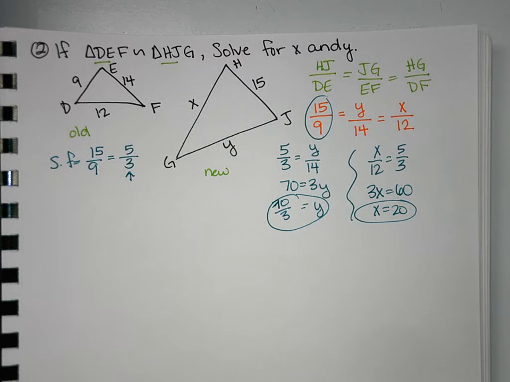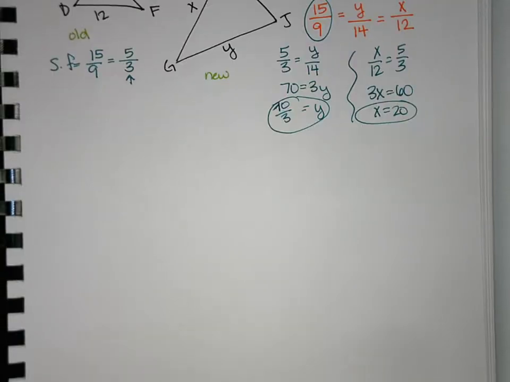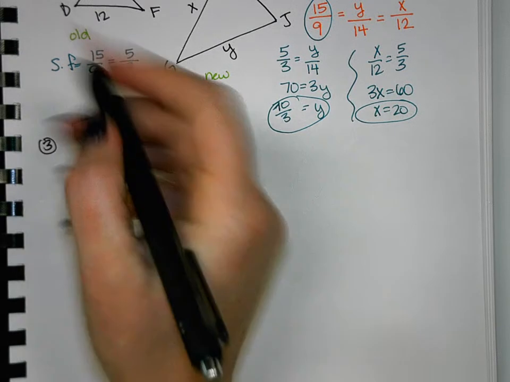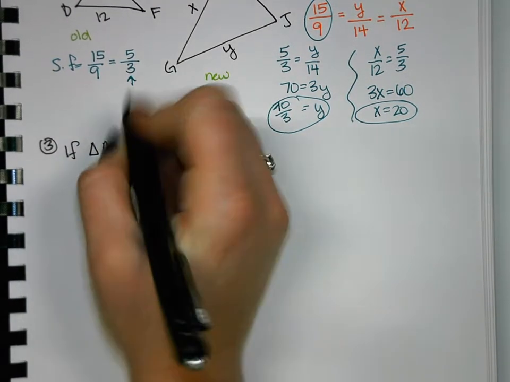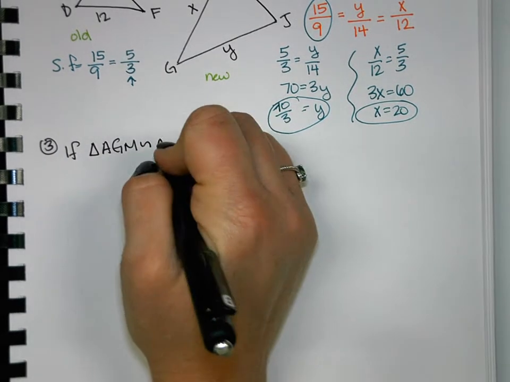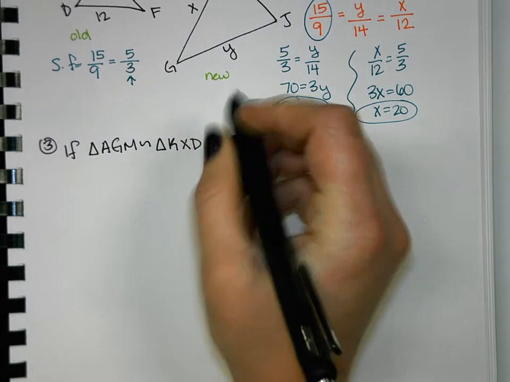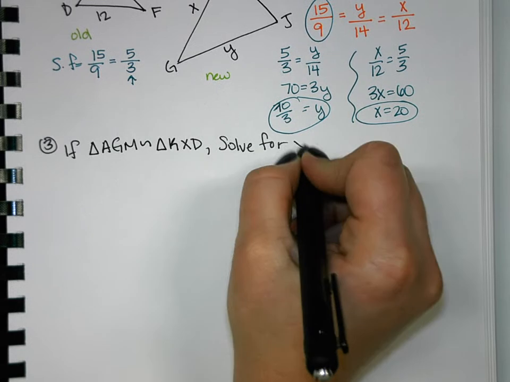Okay, we're going to do another one where we're solving for x. So here we're told if triangle AGM is similar to triangle KXD, solve for x. So here we're only going to have one letter to solve for.